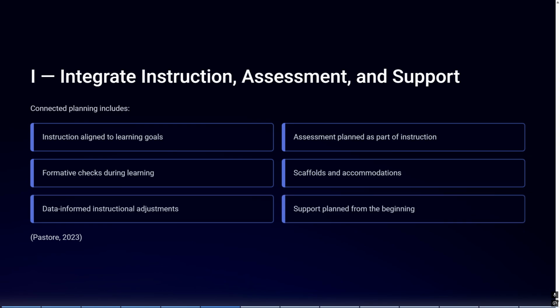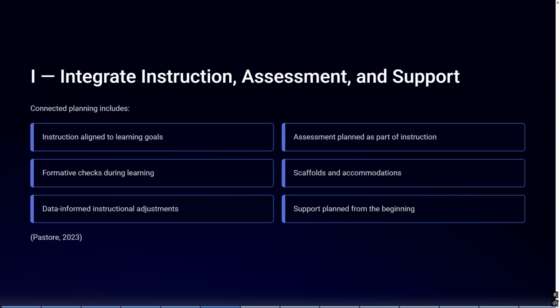The third step is to integrate instruction, assessment, and support. Assessment should not be something added only at the end of a unit. It should be built into the learning process so teachers can understand student progress and adjust instruction. This requires assessment literacy, which includes knowing how to design assessments, how to interpret results, and use evidence to support learning.